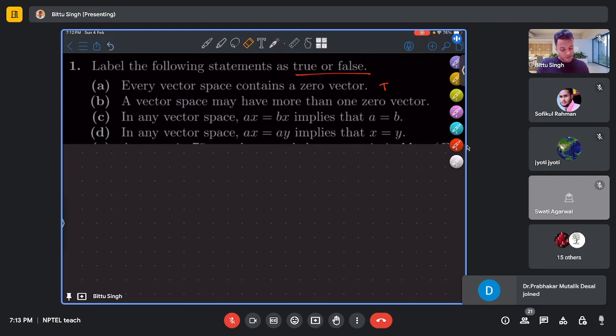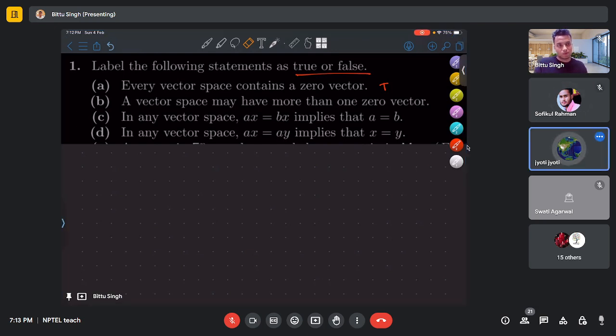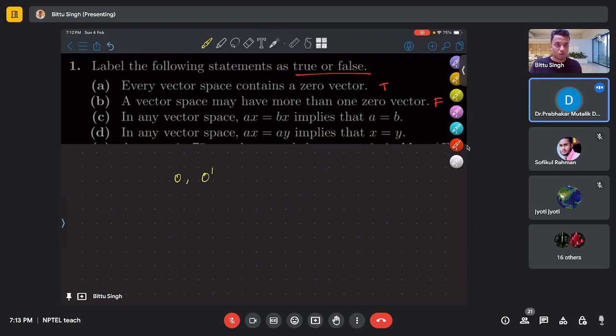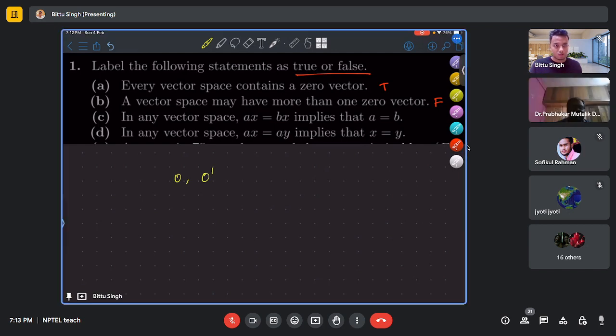A vector space may have more than one zero vector. Is it true? No, it cannot, because identity must be unique. Suppose 0 and 0 dash are two zero vectors. We'll prove that 0 and 0 dash are the same.